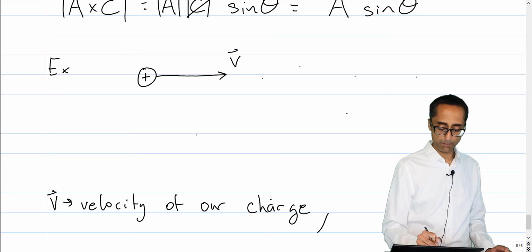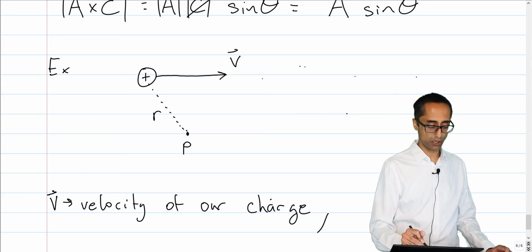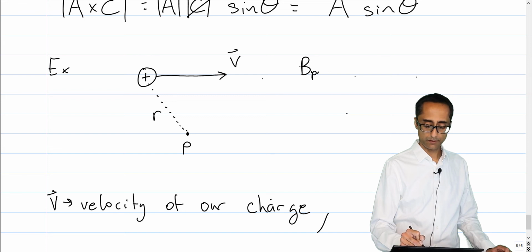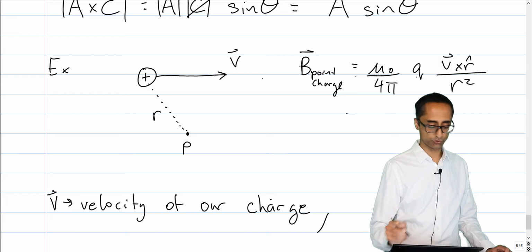Let's say for a second that our point is located over here, P. We're going to need this distance R, and we can try to use our point charge to find the magnetic field using the equation mu naught over 4 pi multiplied by Q V cross R hat over R squared.